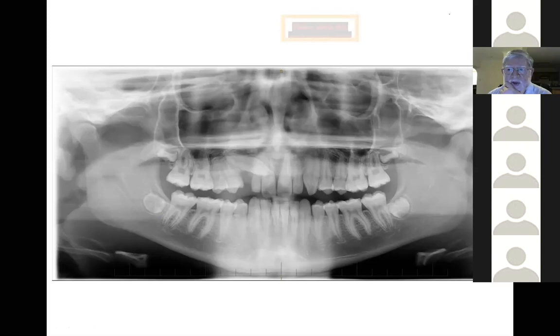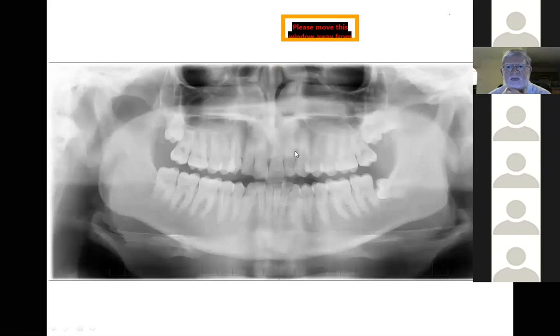And as far as the 38 is concerned, it's probably tilted maybe 45 degrees or so. But yeah, certainly with that, yes. And then, of course, we've got this impacted canine. Again, a case of a 2.6, 2.7, 2.8, and a 2.9 sitting there.